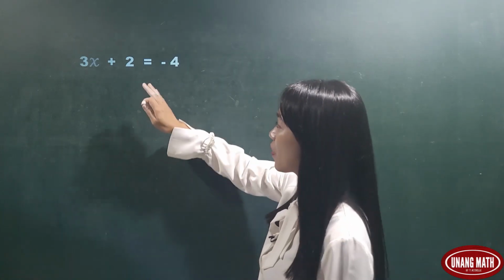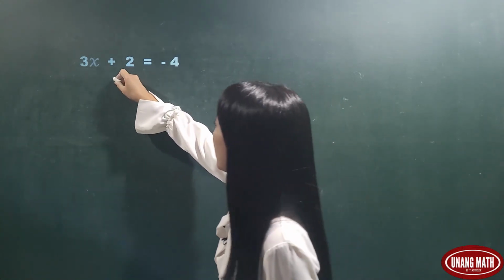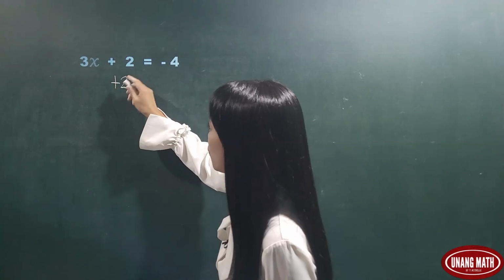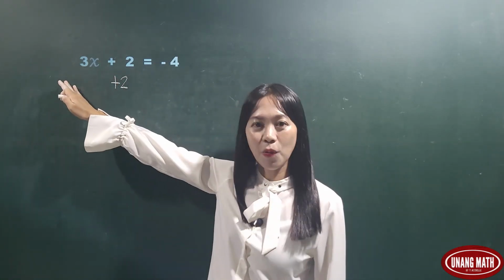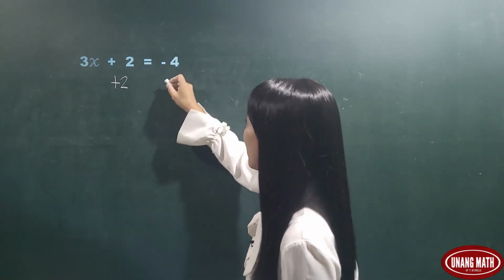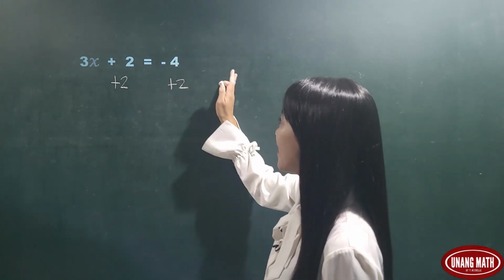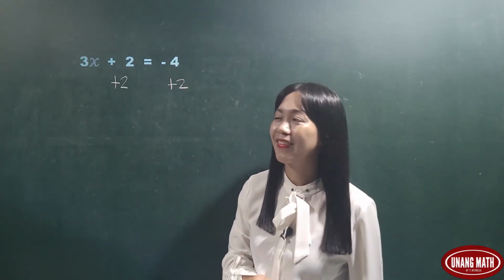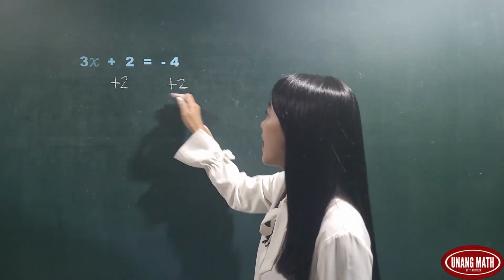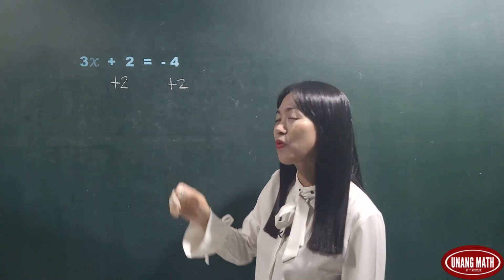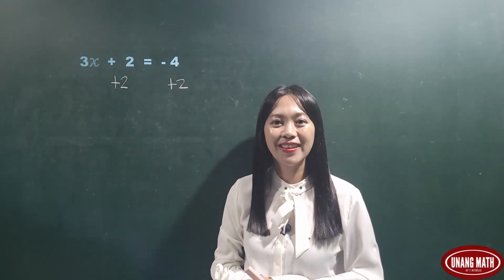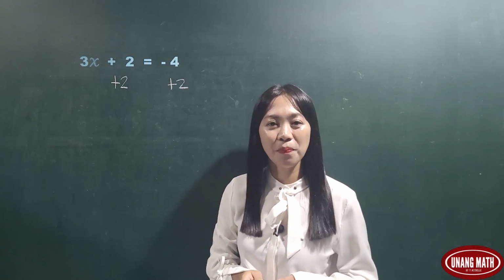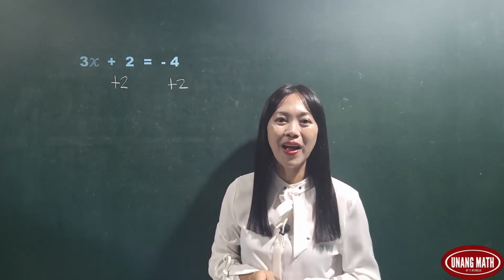Or we can think this way. If I add 2 on the left side of this equation, I should add 2 on the right side of the equation. Adding the same number to both sides of the equation is the first property of equality.